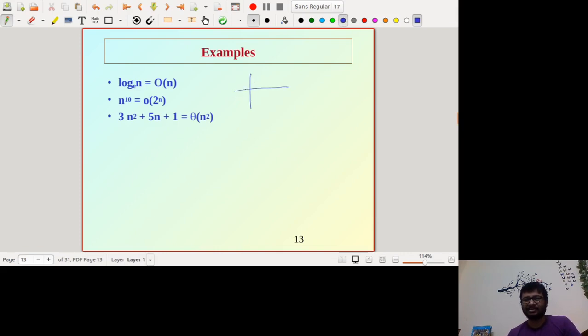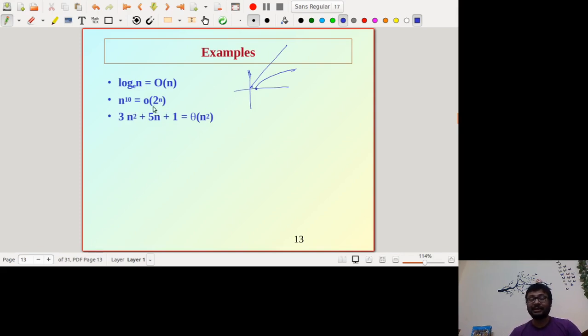It's 0 when n is equal to 1, and then it grows something like this. It grows slower and slower, and the slope decreases. The derivative is like 1 over n, right? So it's a decreasing function of n. On the other hand, the linear curve is like this. So it grows faster. You can even replace this big O by little o, no problem.